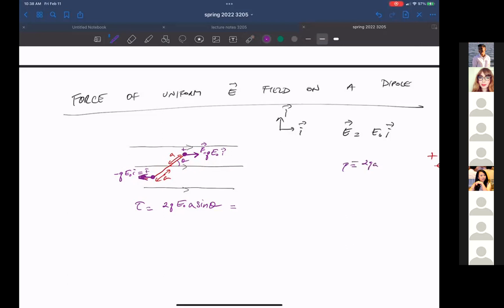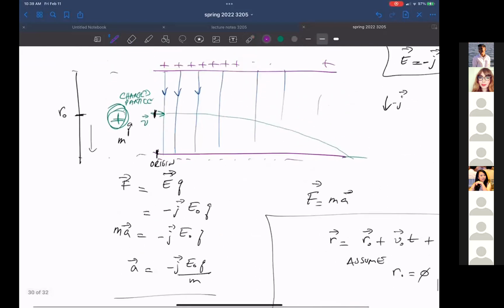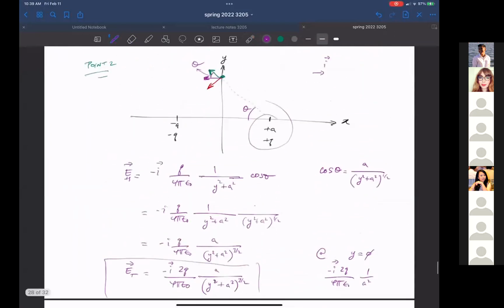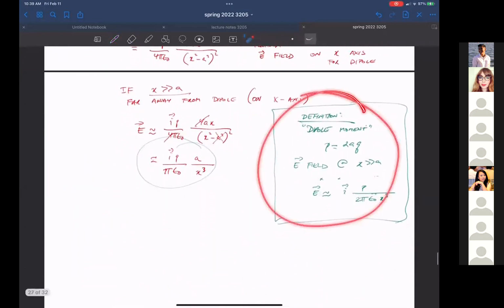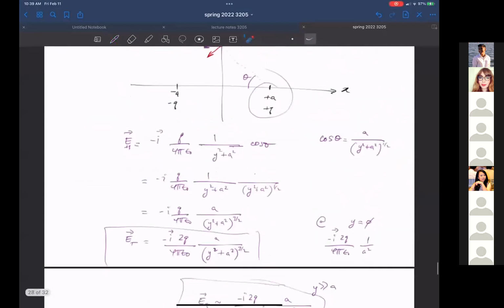This was a definition. When we're talking about dipoles, we just said the moment is called 2AQ.